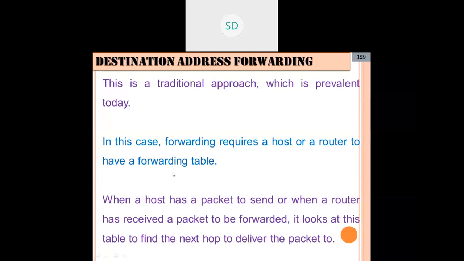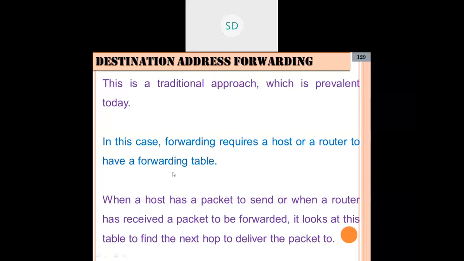A router may be connected to various hosts and devices, so the packet received at the router has to be routed to a particular device. That is taken care of by the router through this forwarding table.